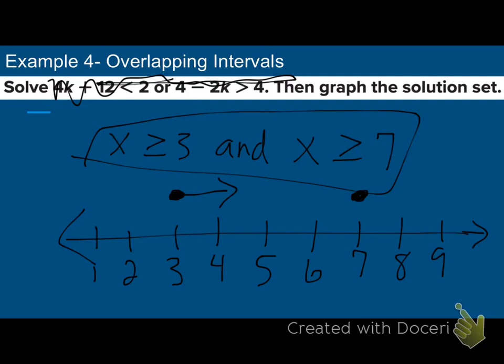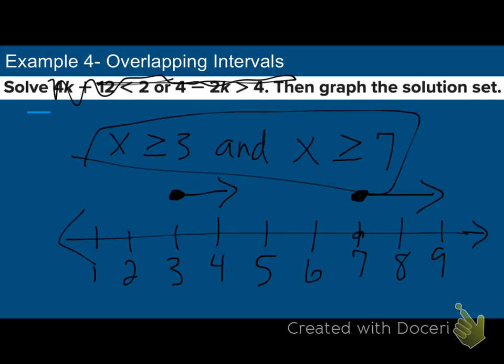X is greater than or equal to 7, would that be to the left or right of 7? To the right. Are they being shaded towards each other? No. So is that overlap going to be between these 2 points now? No. Where would the overlap of these 2 graphs be? Where would they intersect? 7 and beyond. Yeah, just 7 and beyond in this case. That's going to be the only numbers that meet both of my criteria at the same time.